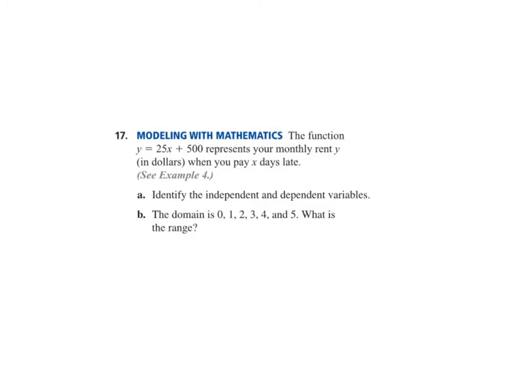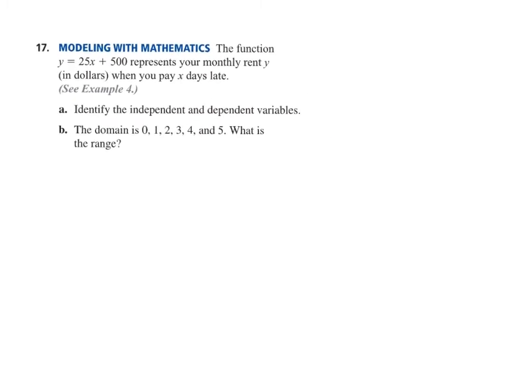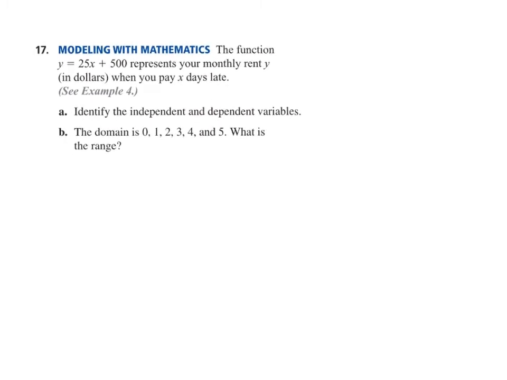Question number 17. The function y equals 25x plus 500 represents your monthly rent y in dollars. Identify the independent and the dependent variables. So if I'm going to rewrite this equation, I've got y equals 25x plus 500, and y is like the dollars, and x is the days late.